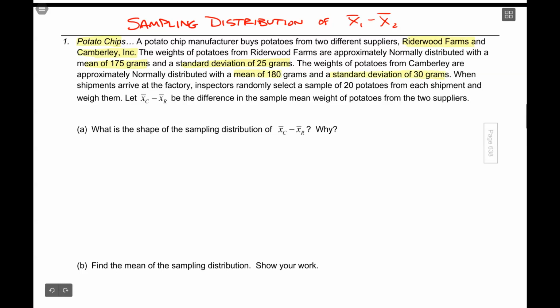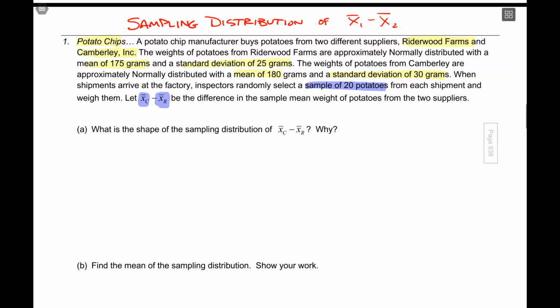When shipments arrive from the factory, the inspectors randomly select a sample of 20 potatoes from each shipment, and they weigh them. So let x sub c bar minus x sub r bar be the difference in the sample mean weight of potatoes from the two suppliers, where that is the mean weight of the sample of 20 from Camberley, and that is the mean weight of the sample of 20 from Riderwood.